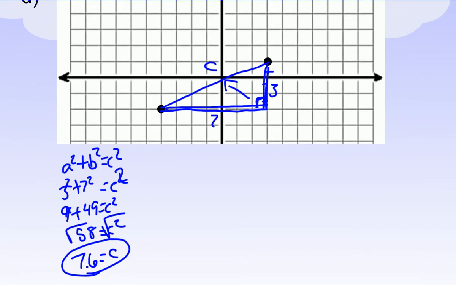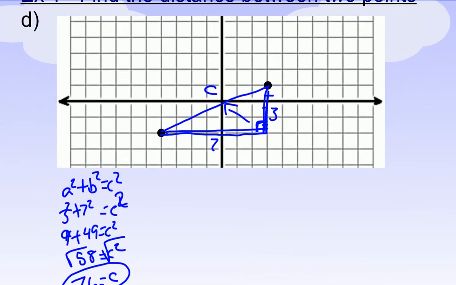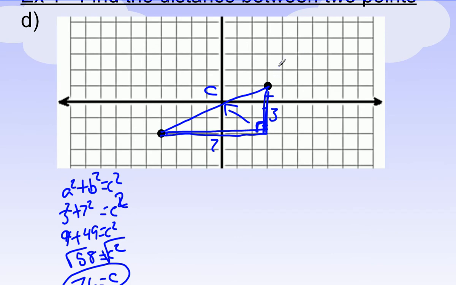Alright. Now, if you chose to use the distance formula, this is the ordered pair. This point has coordinates of 3, 1. This point has the coordinates of -4, -2. And so you'd plug that in.